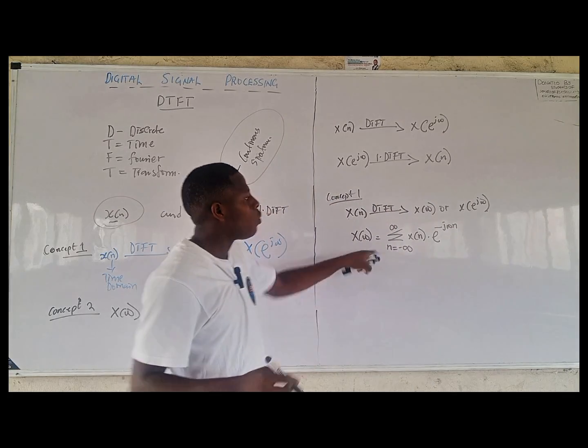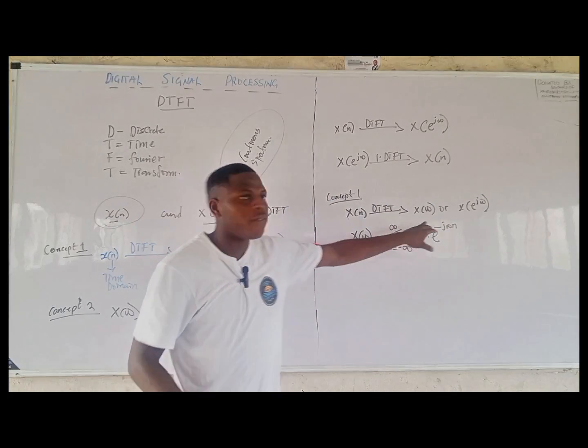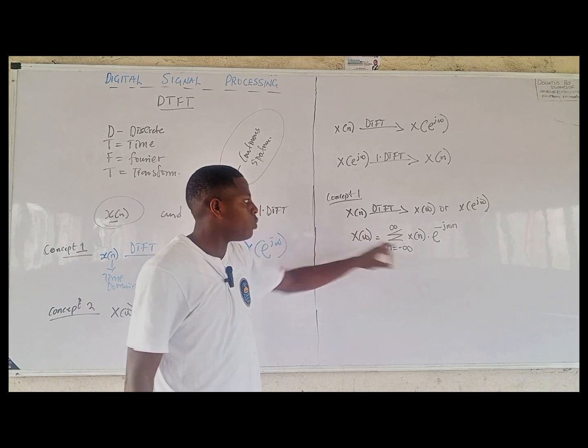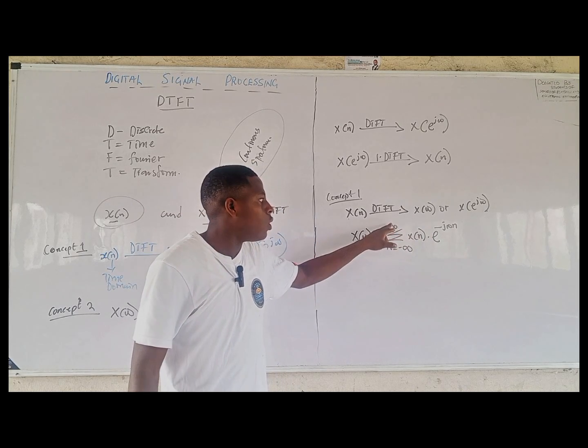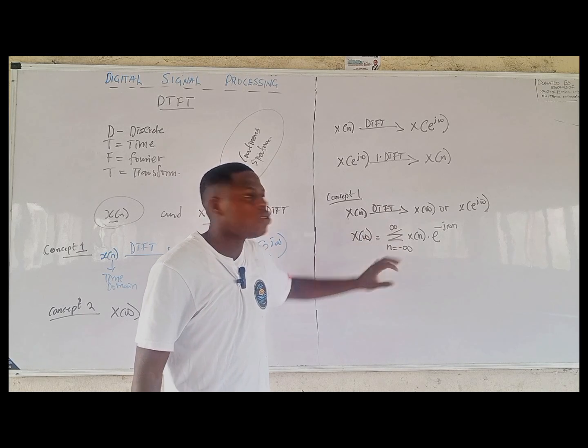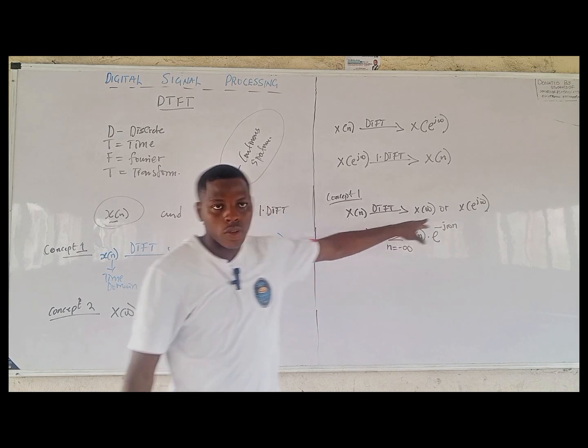This equation will help you in getting your frequency domain. Your time domain will be given to you, and you put it here. Your infinity signs give you your boundary conditions. You input your boundary condition and you get your frequency domain.